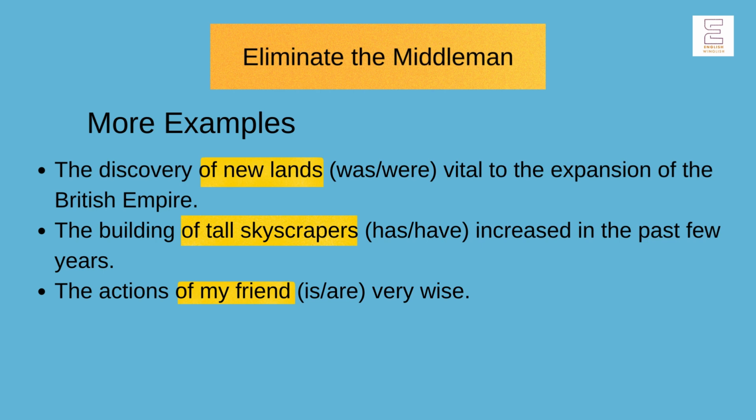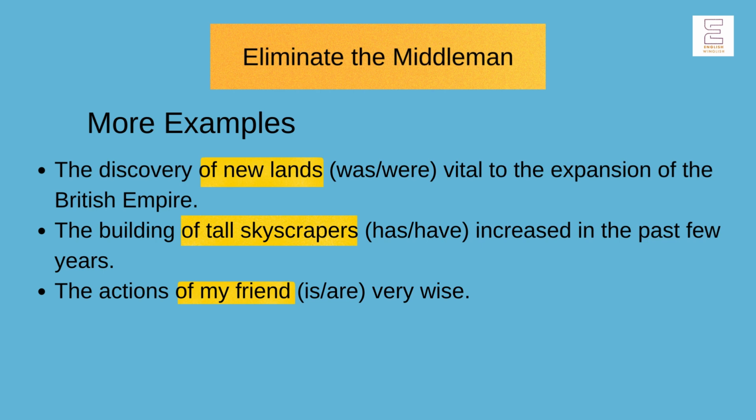New lands are important, but they knew there were new lands, they were already there. But discovery is important. There can be many lands, some of which could be important for them, some not. But discovery is the important thing.